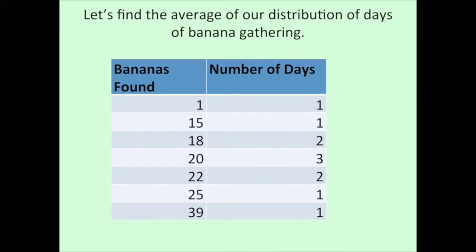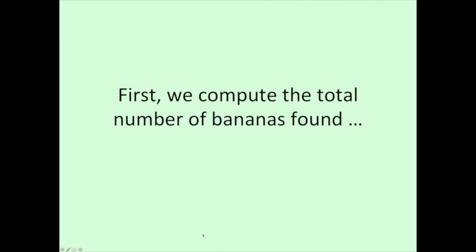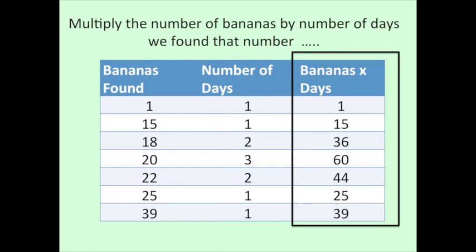Let's find the average of our distribution of days of banana gathering. How would I do that? First, we compute the total number of bananas found. Multiply the number of bananas by number of days we found that number.